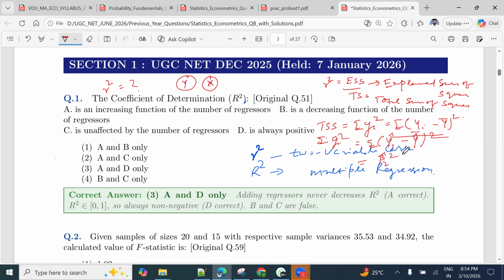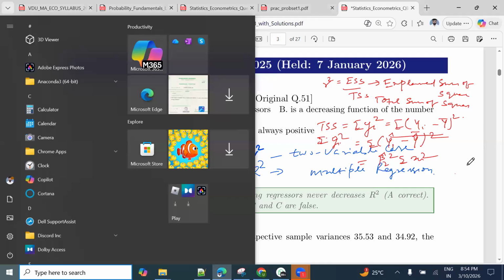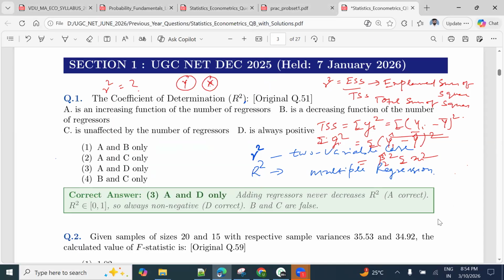Beta two hat square into summation xi square. Let me write it again in a plain sheet of paper. First of all, is it clear, Madhusmita? Yes, sir. We have not discussed the regression yet. Actually, that is the whole problem.